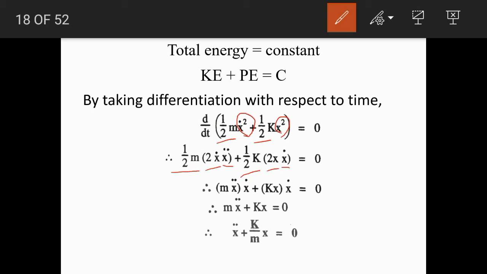So the equation could be simplified as m x double dot plus kx is equal to 0. Now this equation could be written as x double dot plus k by m times x is equal to 0. This is nothing but the equation of motion for a simple spring mass system, which we have previously determined using the FBD method.